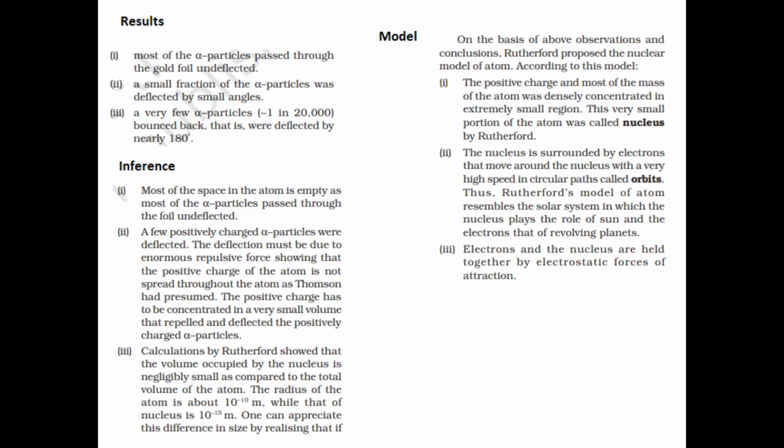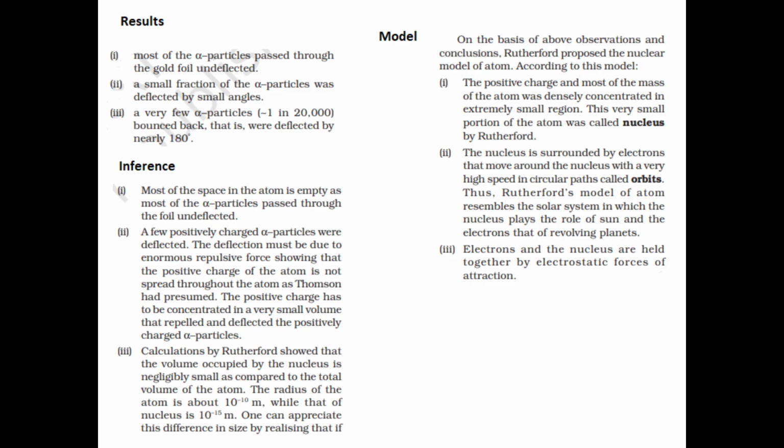According to this model, the positive charge and most of the mass of the atom was densely concentrated in an extremely small region. This very small portion of the atom is called nucleus.